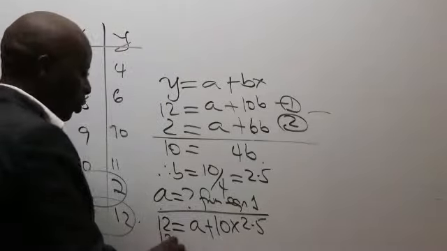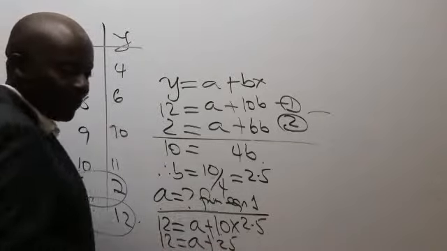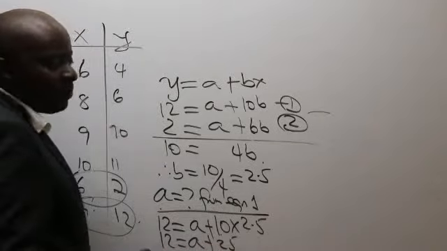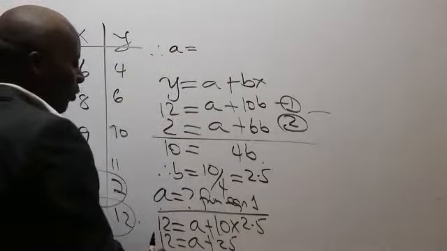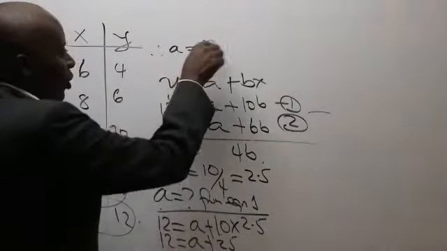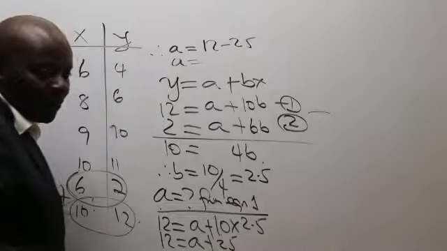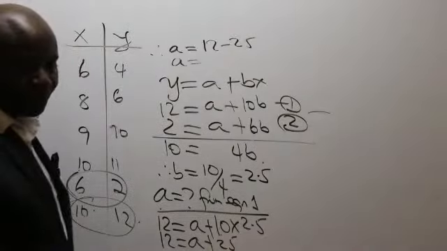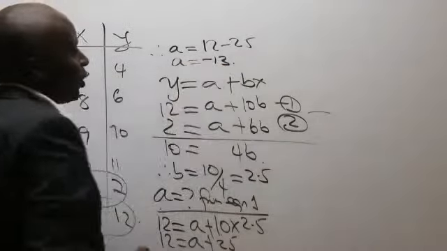So 12 equals a plus 25. Implying at the end of the day that a will be 12 minus 25, which gives me what figure? Negative 13. Thank you very much. And that is it.